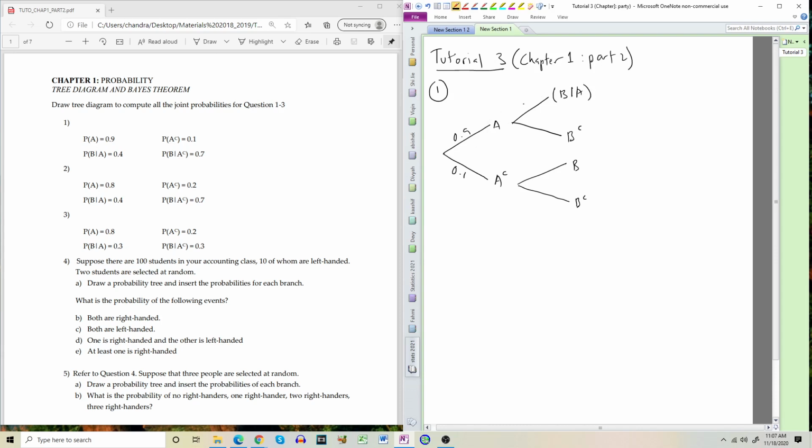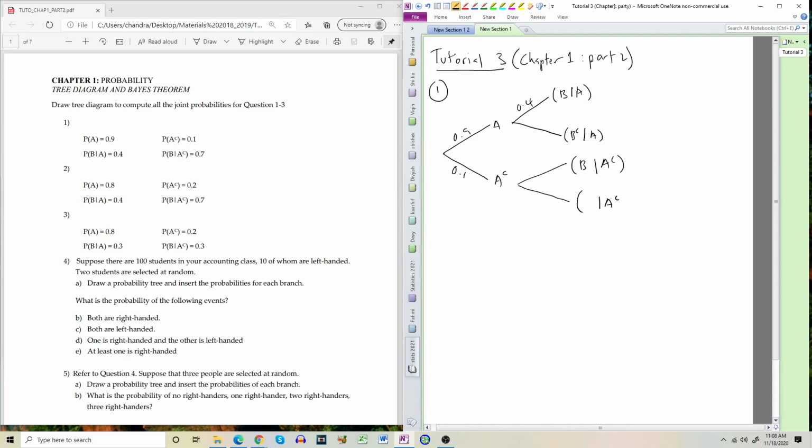So this is 0.4. A happens first, what is the probability of B complement? It's the same thing, only the notation is different. A complement happens first, what is the probability of B?